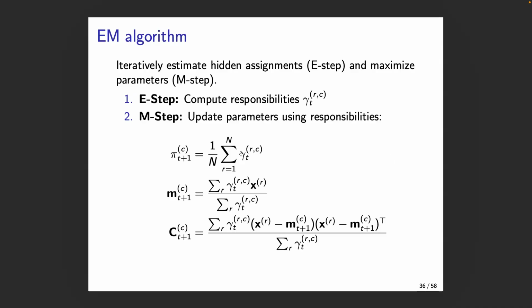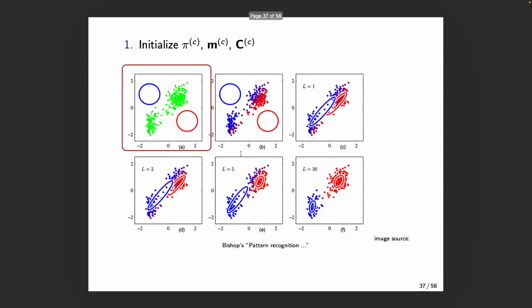You can actually check with pen and paper that these formulas are correct. And now a little bit of illustration of how this algorithm works. Let's say we have, in this case, a 2D data set, these green dots, and then we initialize two Gaussians. In this case, we have a red Gaussian and a blue Gaussian, both of which are spherical.